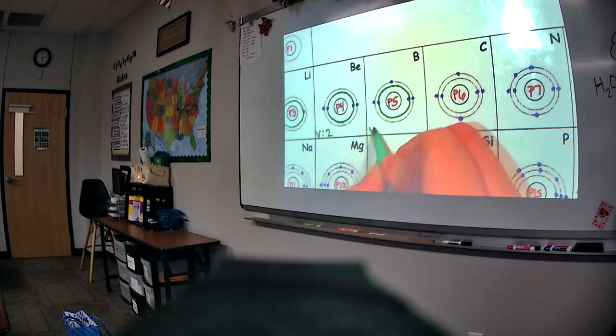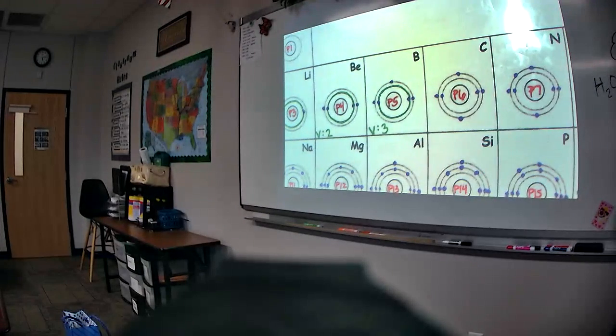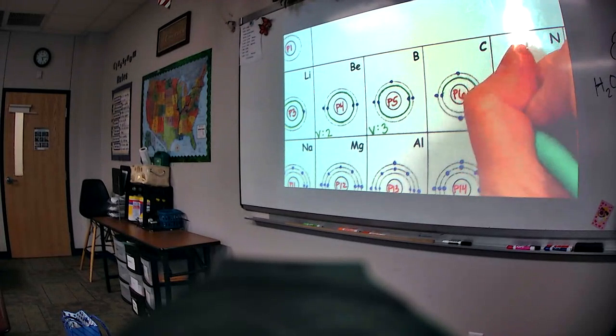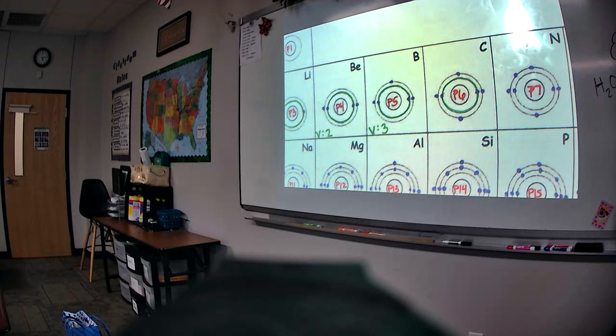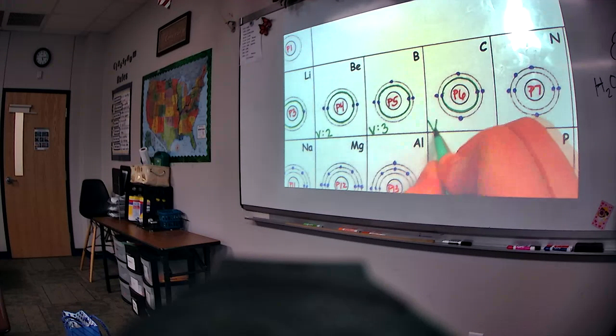And how many valence electrons? 3. Let's go to carbon. First shell is full, so we're going to trace that. Raise your hand. Someone tell me how many valence electrons there are? Ashley? 4. Very good, because the outer shell has 4 and the outer shell is not full. So it has 4 valence electrons.